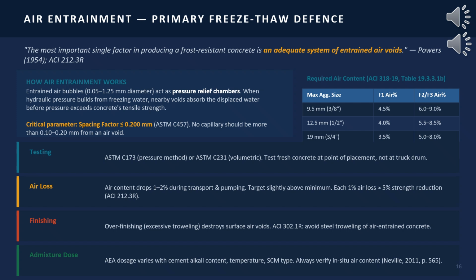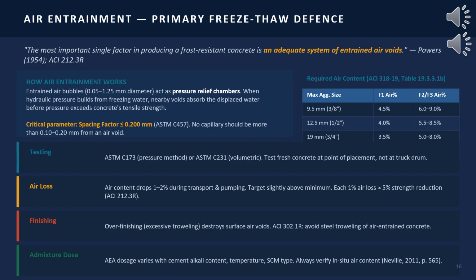When freezing occurs and hydraulic pressure builds, the nearby air voids act as relief chambers. The displaced water flows into them rather than generating destructive pressure. The system works as long as no capillary pore is more than about 0.1 to 0.2 millimeters from the nearest air void.